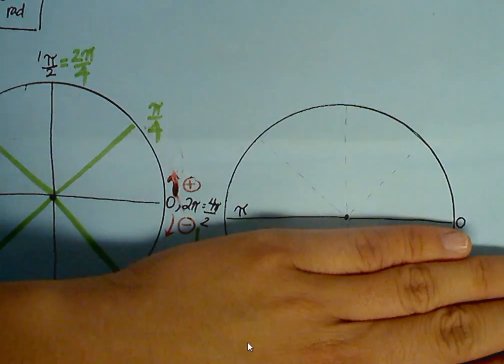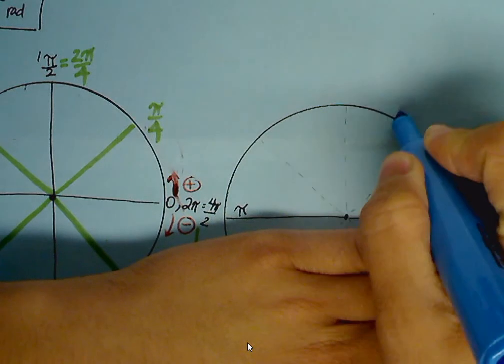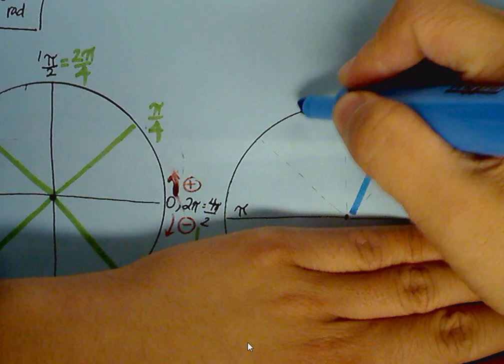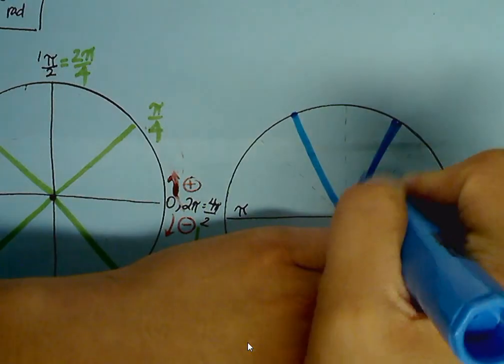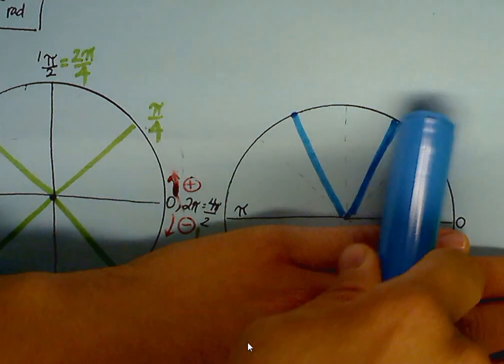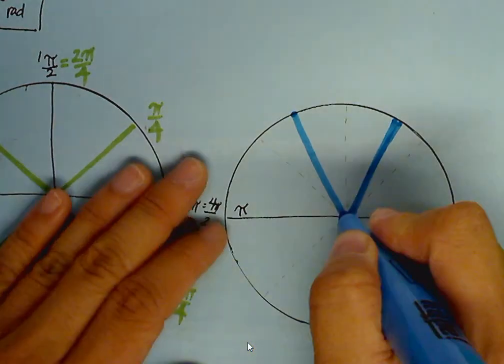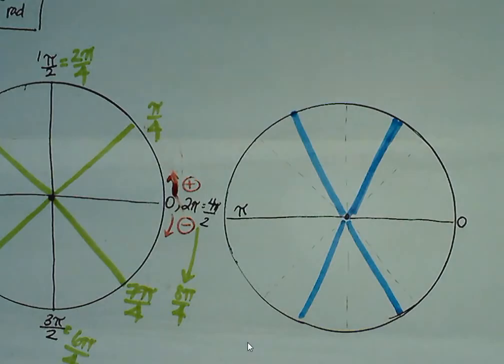I want my 1/3 to be in between 1/4 and 1/2, right? Maybe like this. And then another 1/3. Maybe that was a little too high. So this is my 1/3 and 2/3. Get me? And then I do it again. 1/3 and 2/3. Okay?